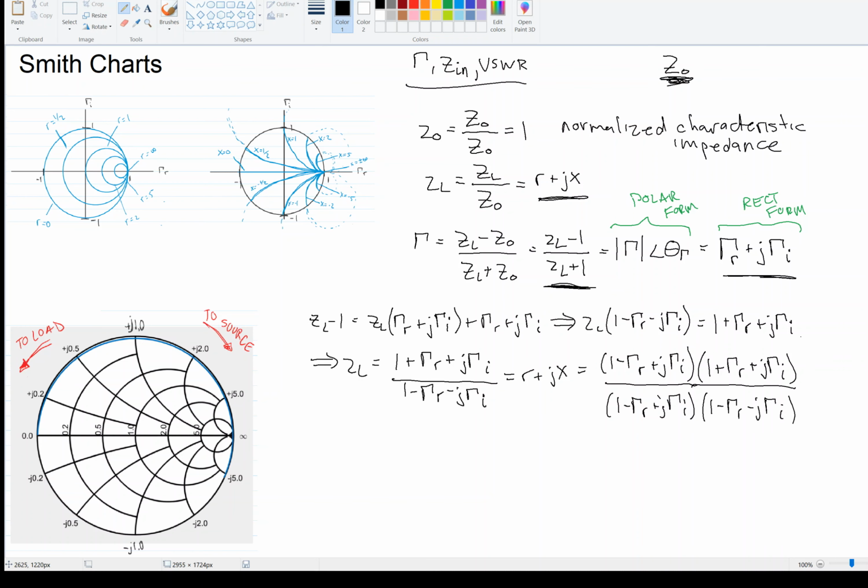So I haven't changed anything there, doing the same thing to the numerator as the denominator. And so what happens when you do that, then in the denominator you have a purely real number, when you take a complex number times its complex conjugate. So in the numerator, I get this. And in the denominator, again, I get a purely real number, no j's.